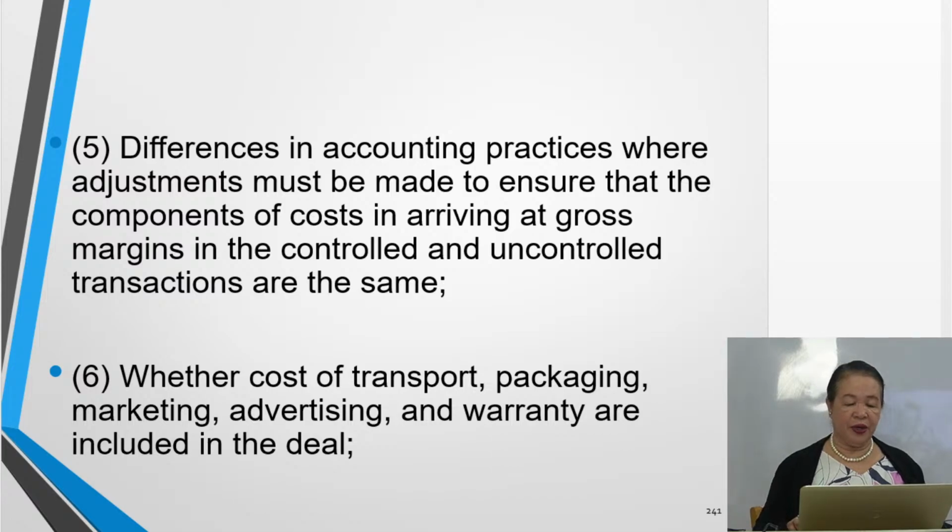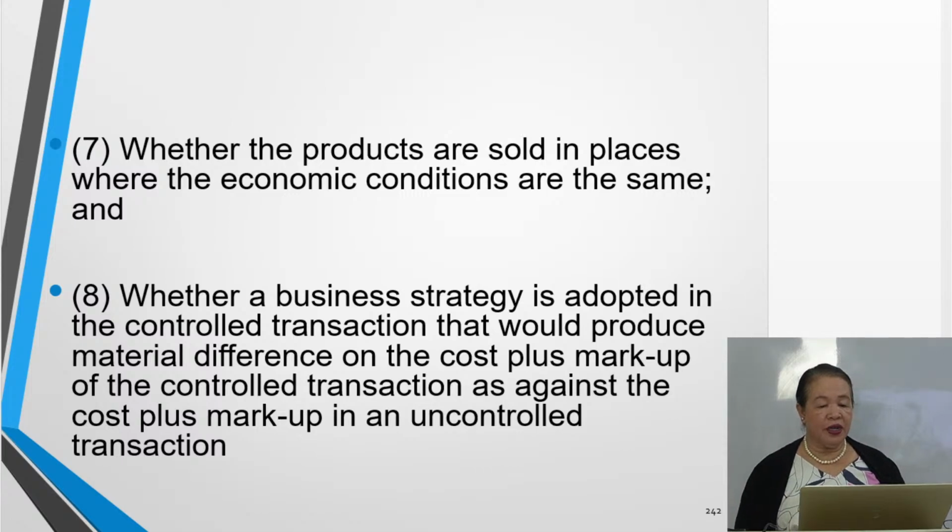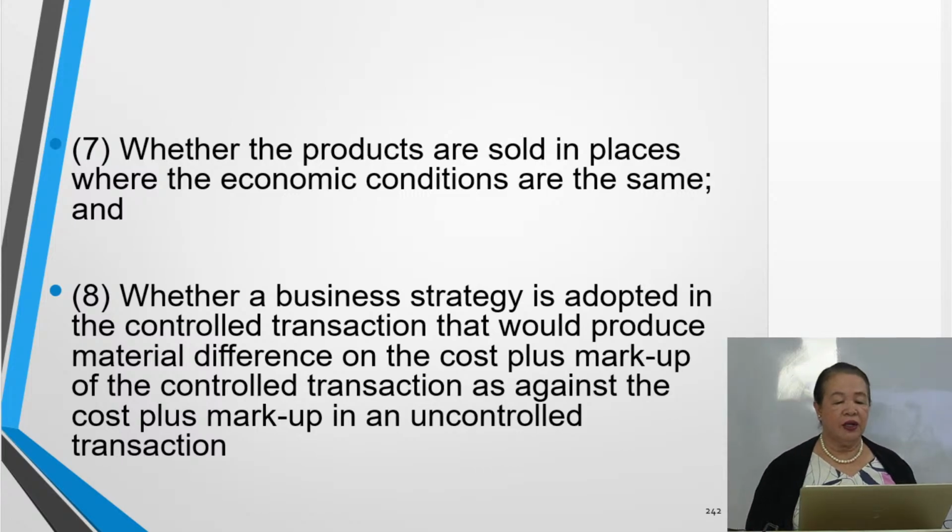So, siyempre, kung kasama yung marketing, advertising, warranty, mas mataas ang price, no? Or yung gross profit margin. So, number 7, whether the products are sold in places where the economic conditions are the same. So, ito yung economic conditions.